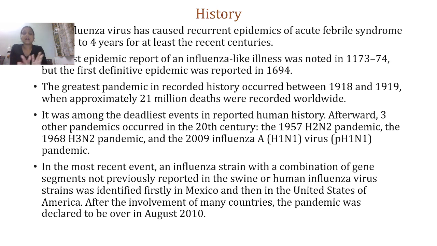So, after 1918 and 1919, three other pandemics occurred in the 20th century. For example, the 1957 H2N2 pandemic, the 1968 H3N2 pandemic, and the 2009 influenza A virus pandemic. These three other pandemics again occurred due to this influenza.